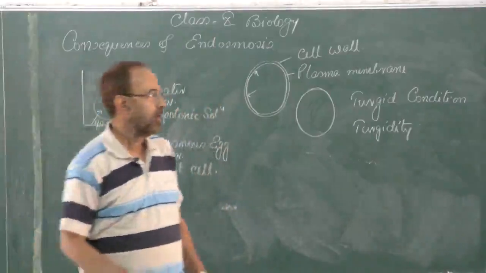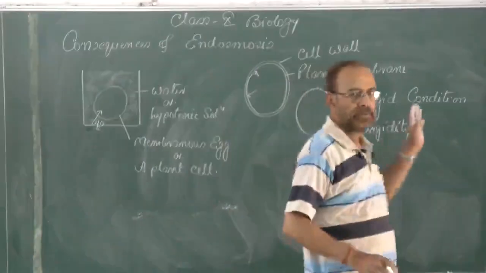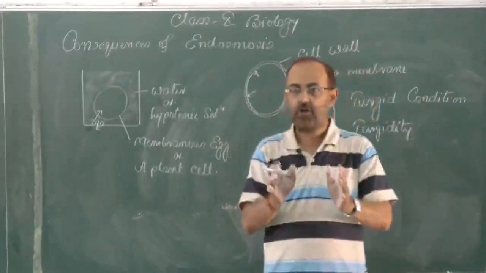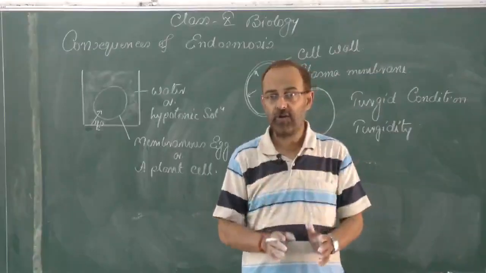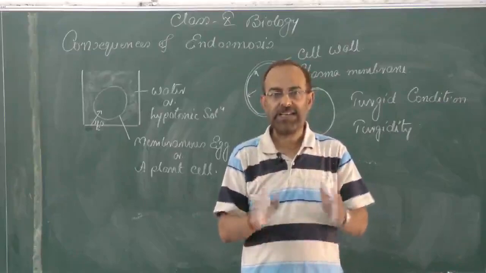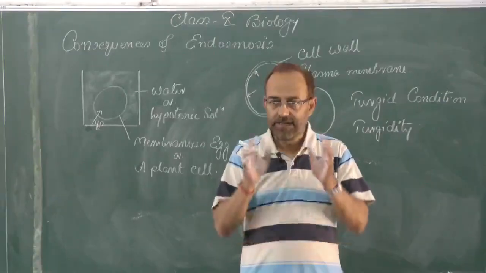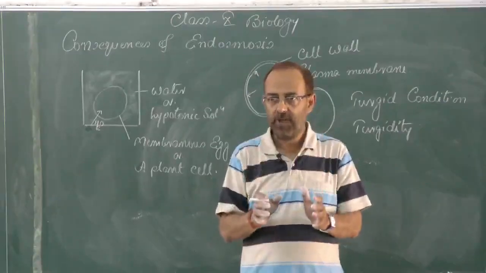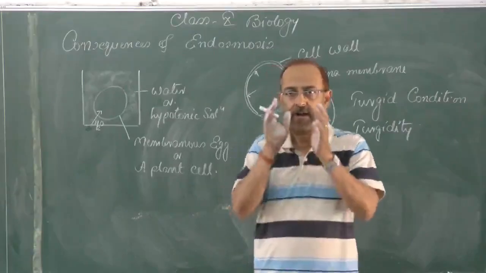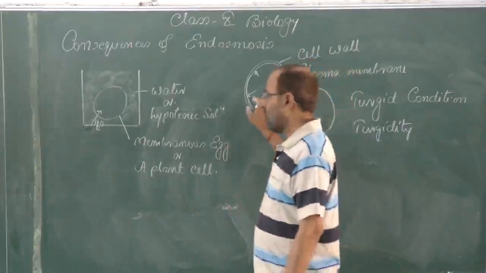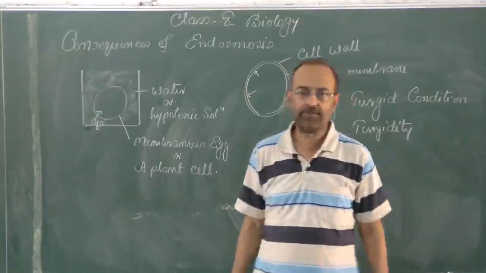All right. So turgidity defines the state of a cell after the process of endosmosis, which exhibits increased volume of the protoplasm with stretched plasma membrane, rendering no gap between cell wall and the plasma membrane.